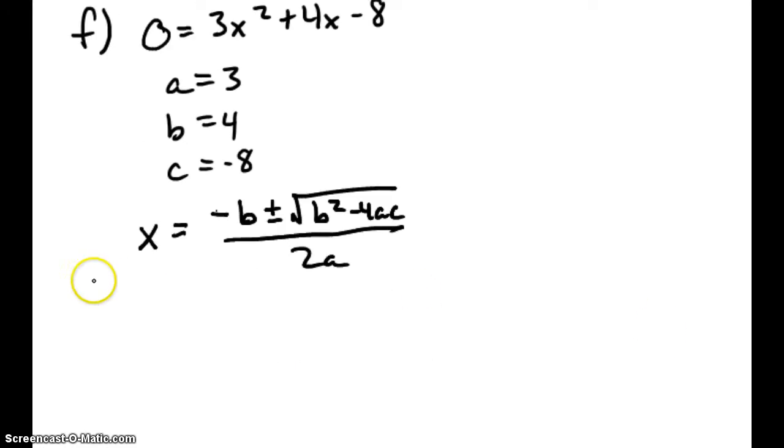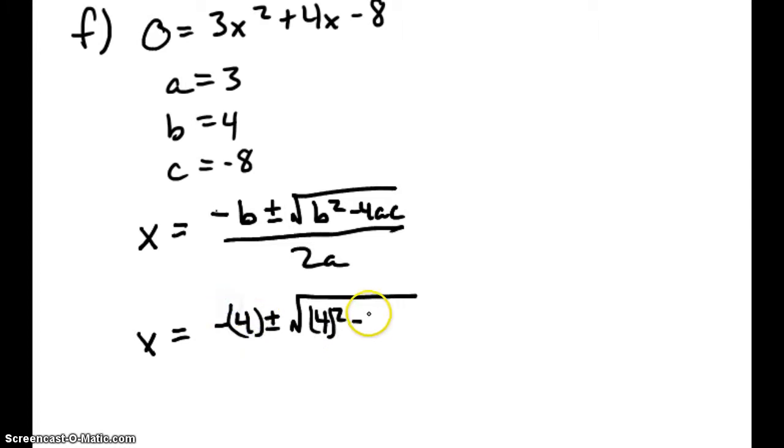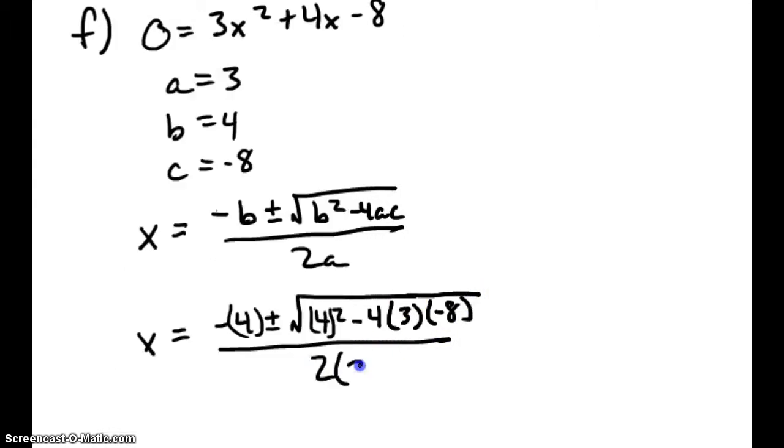If I substitute all that in, I get x is equal to negative 4 plus or minus square root of 4 squared minus, I should be putting parentheses around all these, minus 4 times 3 times negative 8. That's all over 2 times a.